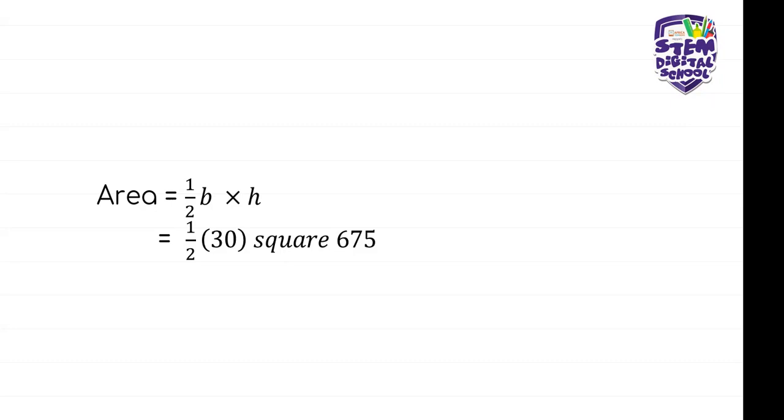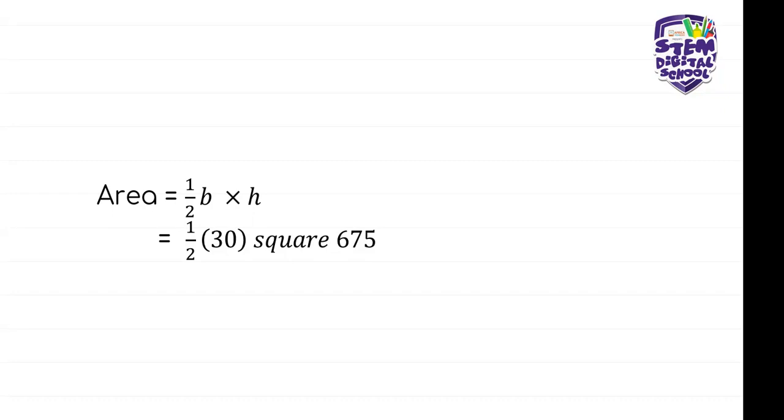Remember, you have to find the height. So half a base, and then to find the height you take 30 squared, 30 multiplied by 30 is 900, and then you subtract 15 squared. 15 squared will give you 225. If you subtract 225 from 900, then you will get 675.